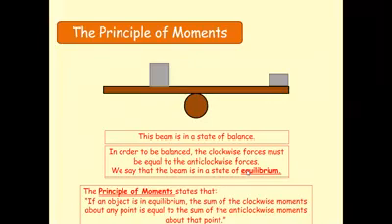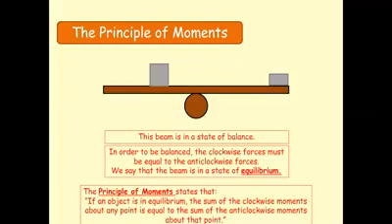And then that takes us to the principle of moments. The principle of moments states that if an object is in equilibrium, the sum of the clockwise moments about any point is equal to the sum of the anticlockwise moments about that point.